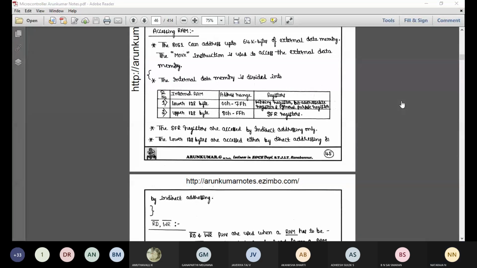Javeria, present, sir. Jitesh, present, sir. Kalyan, present, sir. Kavya DN, present, sir. Kirtana, present, sir. Uday Kumar, present, sir. Kushala, present, sir.